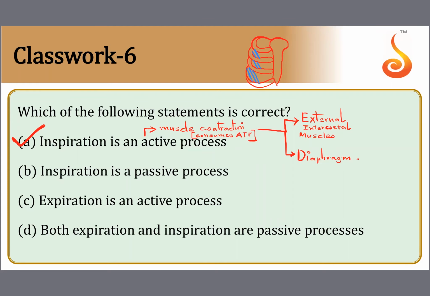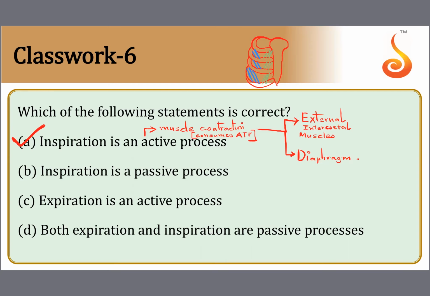These are the ones which actually help in inhalation. Okay, and then you have the internal intercostal muscles. I will change the color for the internal intercostal muscles. See the orientation of the internal intercostal muscles, it is different. So the green muscles that you see are responsible for exhalation, and the blue muscles that you're seeing between your ribs are responsible for inhalation.